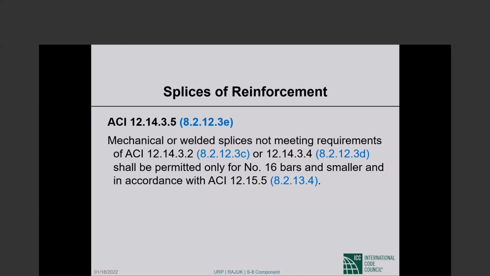You are looking at it because you are still on ACI 318-08, so I need to tell you that it is in there. However, these things probably should be discouraged. If you are going for mechanical or welded splices, use full mechanical or welded splices. This less than full on the thinner bars, I think it makes limited sense and it complicates things.